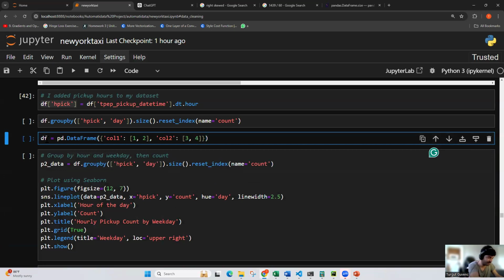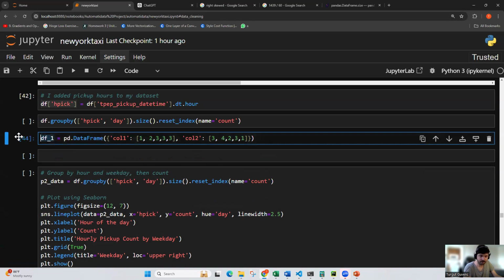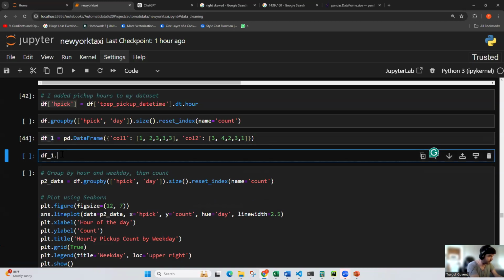Let's say this is df1, and let me just add some repetitive values like 333. But to make a data frame, it has to be equal, I think. Okay, the df1 size.